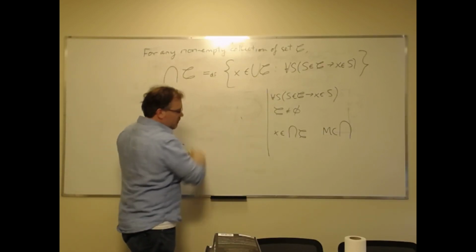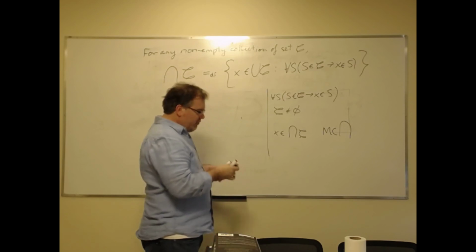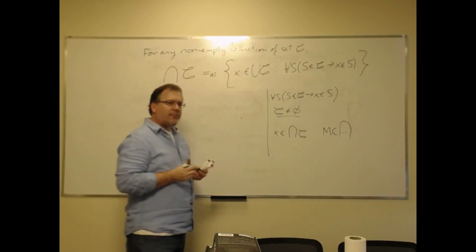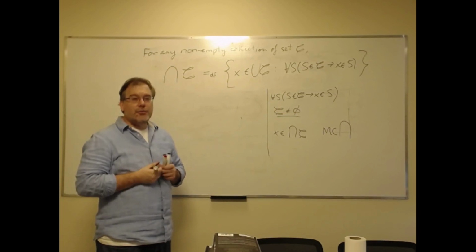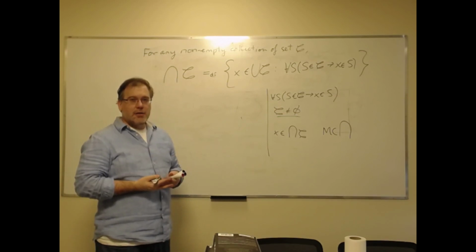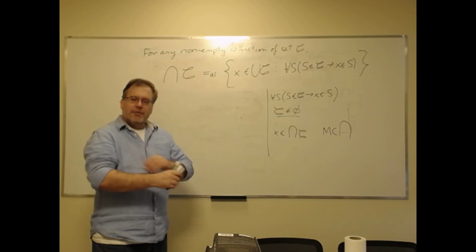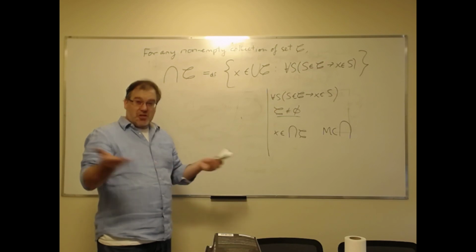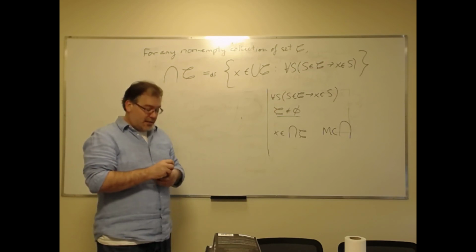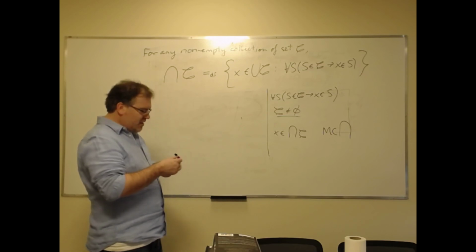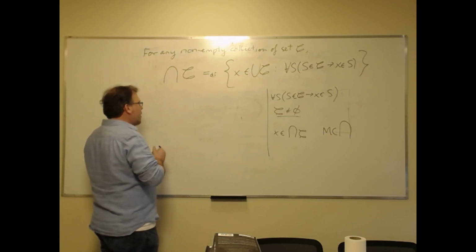Now, you might be wondering, why did we say that the definition applies only to non-empty collections? We didn't do that for unions, right? We could talk about the union of an empty collection, and that was just the empty set, as we saw earlier. Well, let's inspect our membership condition a little bit.